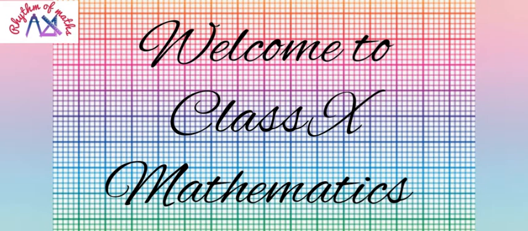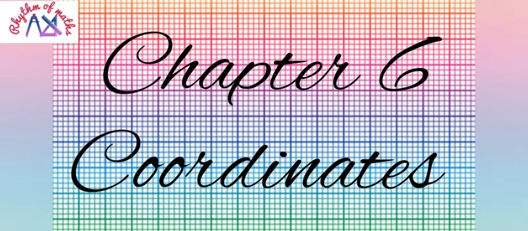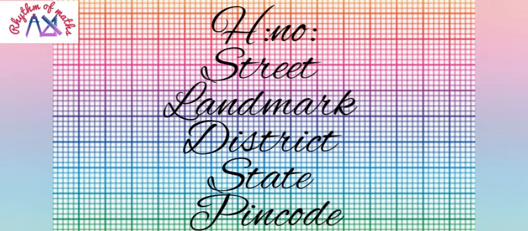Our next chapter is chapter 6, coordinates. All of us have an address, and all the buildings also have an address, isn't it? In that address, house number, street, landmark like near to or opposite to something, then pin code, district, state, everything like that which helps to locate that particular place will be there, isn't it?